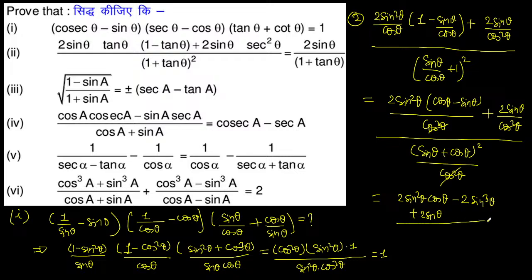At the bottom we have sine theta plus cos theta whole square. This is a different line.